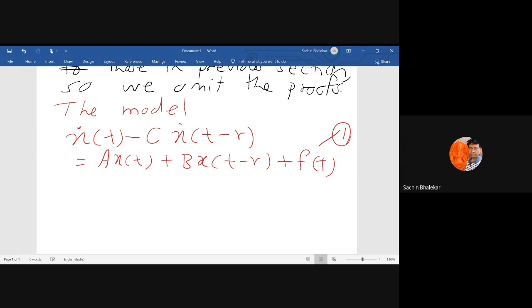Here a, b, c are constants. Of course, we have to assume that c is not equal to 0. If c is equal to 0, then this is the same as the retarded equation we discussed in the previous section. As usual, r is delay, which is a positive constant, and f is a continuous function.